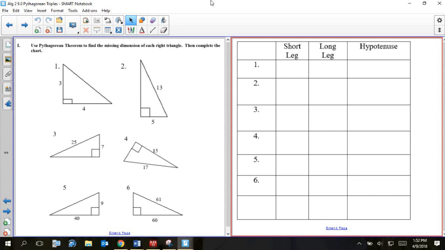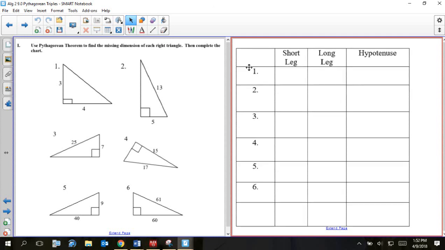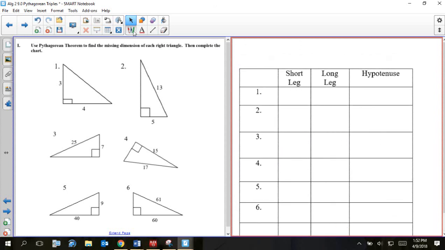So Pythagorean triples are only for right triangles, and they only work if you know two of the sides for finding the third side. The Pythagorean theorem says if you know two sides of a right triangle, you can always find the third side using this formula: a squared plus b squared equals c squared, where c is the hypotenuse.